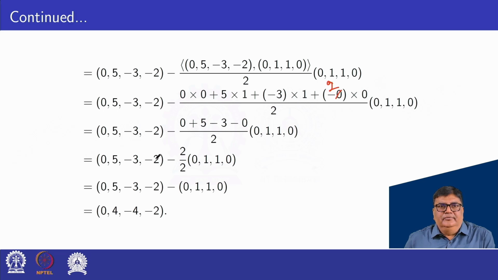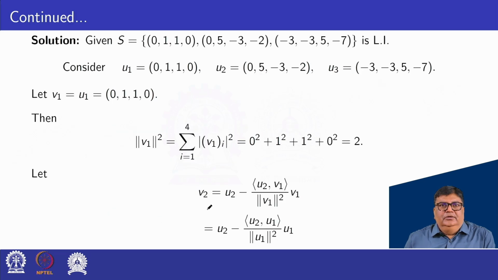And this is equal to this minus this one. So 0 minus 0 is 0, 5 minus 1 is 4, -3 minus 1 is -4, -2 minus 0 is -2.